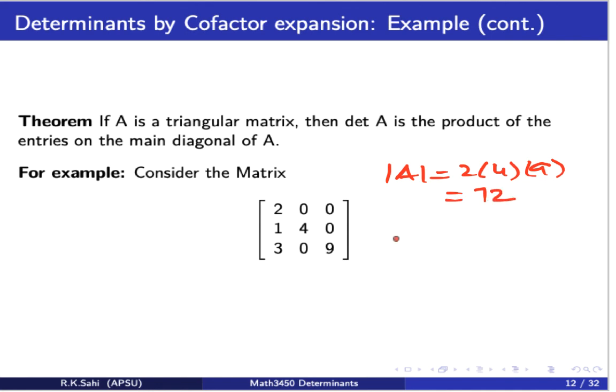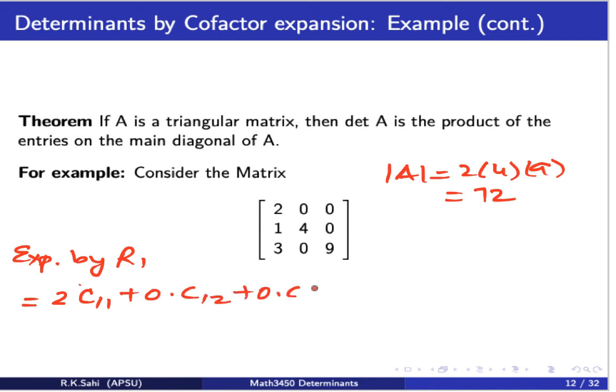So what we can do is check by expansion, do we get that too? I'm going to do it by row 1 expansion. So I just simply have to multiply 2, and remember, it's a cofactor. So 2C11 plus 0 times C12 plus 0 times C13. So I don't even have to worry about those.